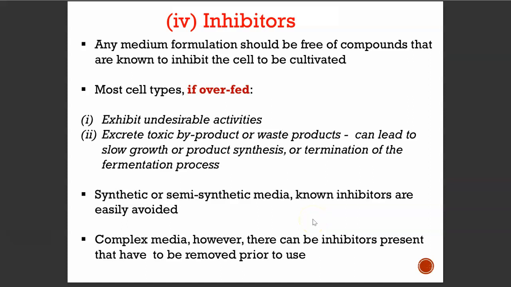Now moving to the last composition of the media, which is the inhibitors. Any medium formulation should be free of compounds that inhibit the cell to be cultivated. Most cell types, if overfed, exhibit undesirable activity: they excrete toxic byproducts or waste products, which can lead to slow growth or product synthesis, or termination of the fermentation process.